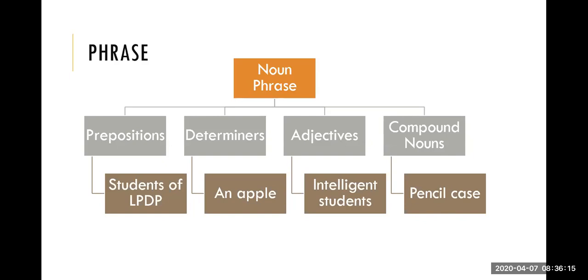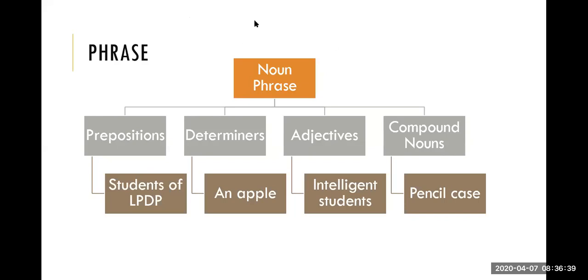Because we need that new word to name something new. Like for example, mobile phone. This is also an example of compound noun. So we need to put another word to describe the new word. So this is in the form of phrases.